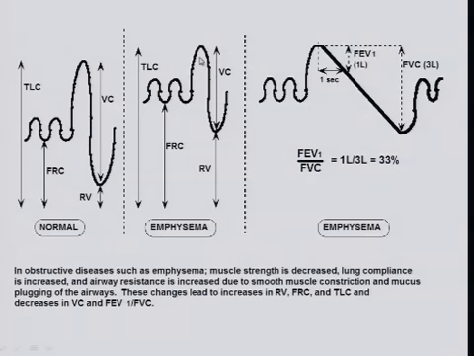But an interesting thing here is in emphysema, you see the peak up here under normal conditions. This is our maximum volume. But with emphysema, you can actually exceed this. And that's due to the loss of the elastic recoil in the lungs, loss of elastin, loss of collagen.